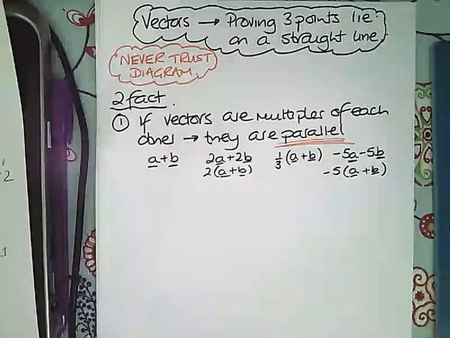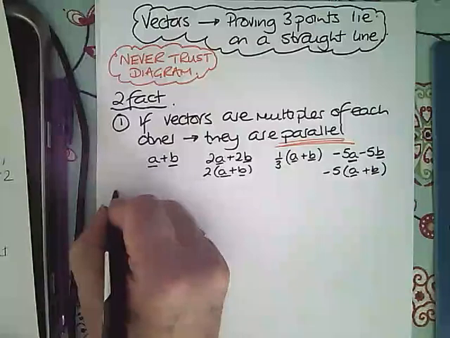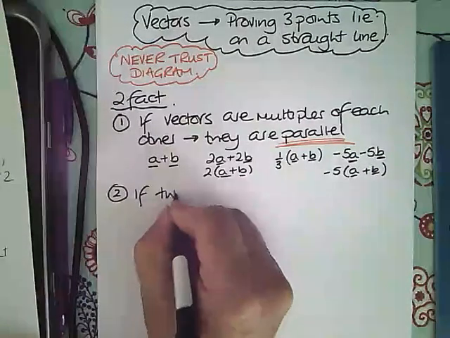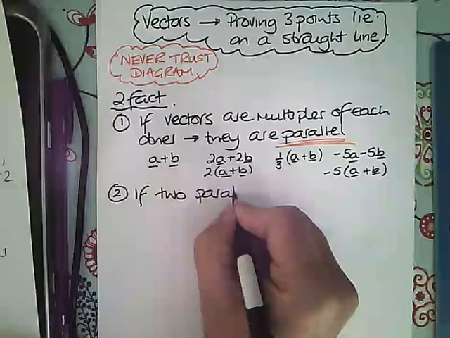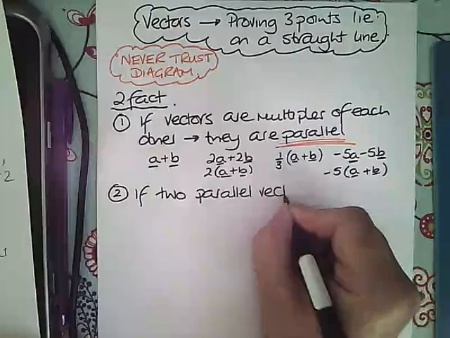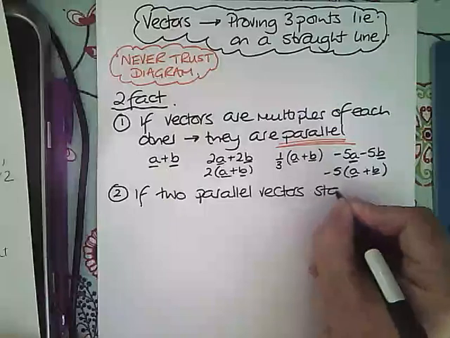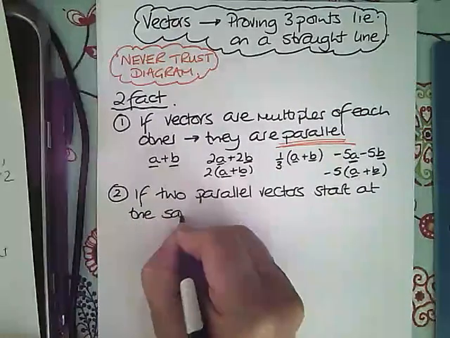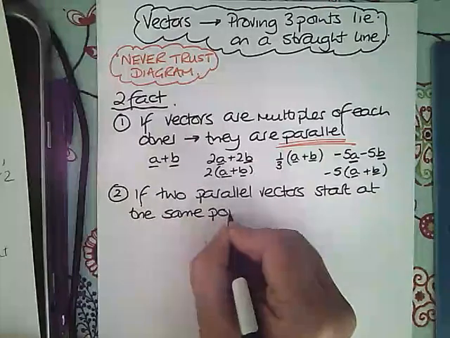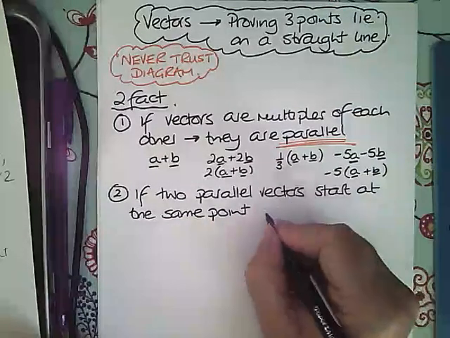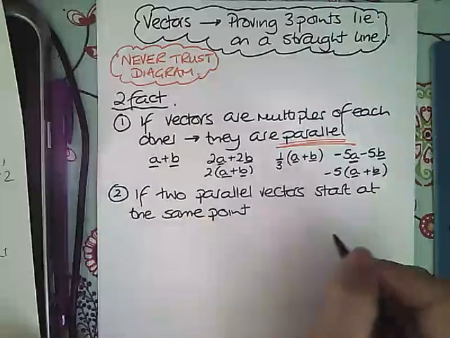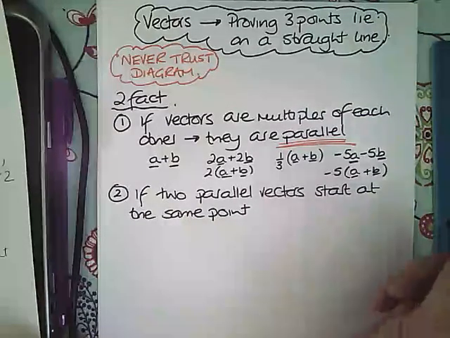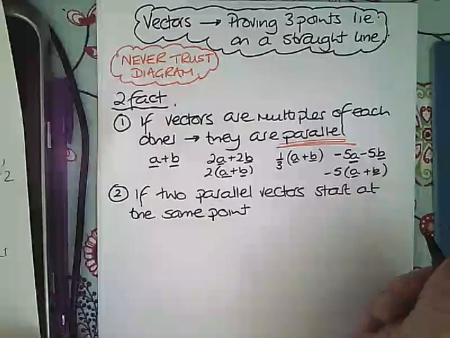The second fact is that if two parallel vectors start at the same point, then the 3 points, the start, the end of the first vector, the end of the second vector, are all on a straight line.